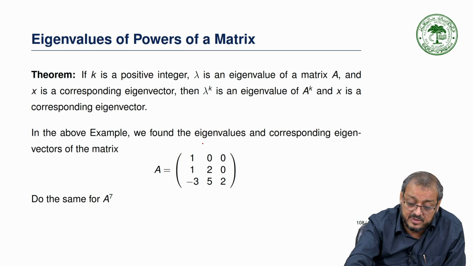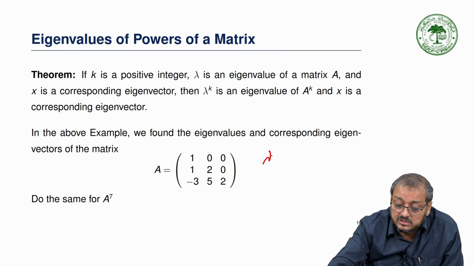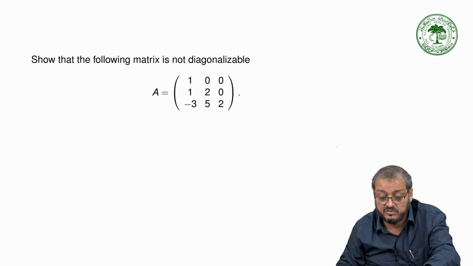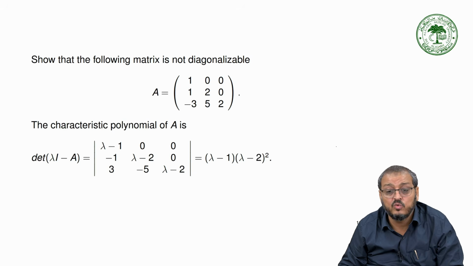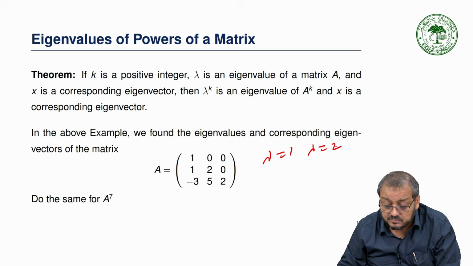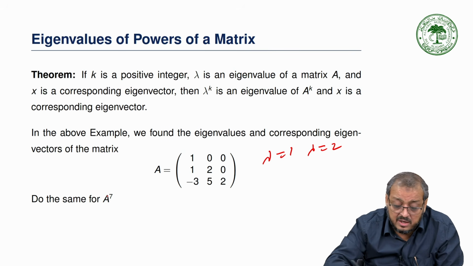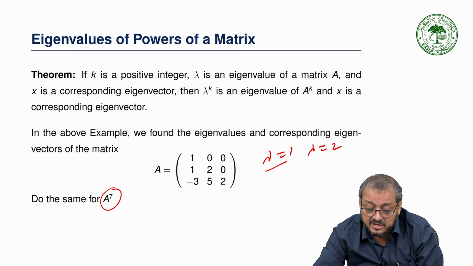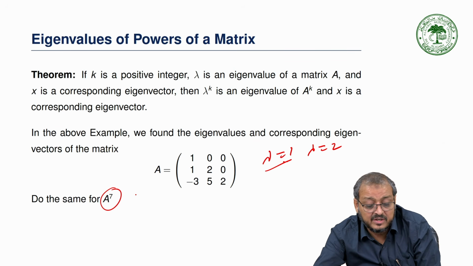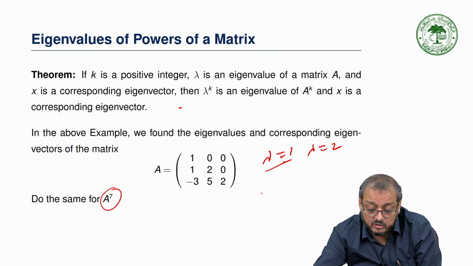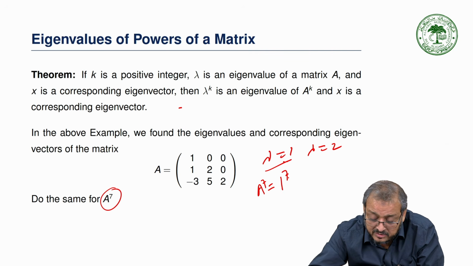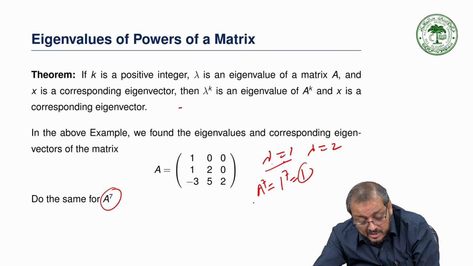Now we have this matrix with two eigenvalues, lambda is equal to 1 and lambda is equal to 2, which we already checked. So if we take A to the power 7, then by this theorem, if lambda is an eigenvalue of A corresponding to eigenvector x, the eigenvalue of A to the power 7 is lambda to the power 7, which is 1 to the power 7, so 1. So for lambda equal to 1, we get 1 for A to the power 7.